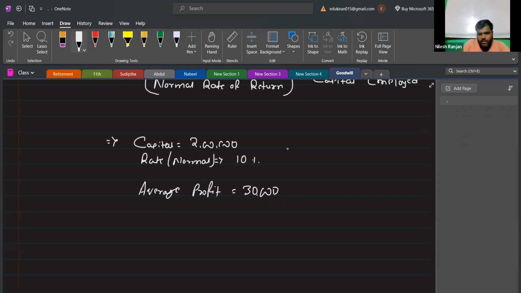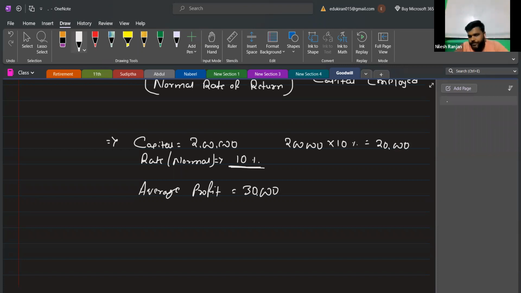Yes, we should earn 2 lakh into 10%. Normal rate means generally in the market, they are earning this. So if we go by market standard, we will earn 10%. So 2 lakh into 10%, our profit should be 20,000.